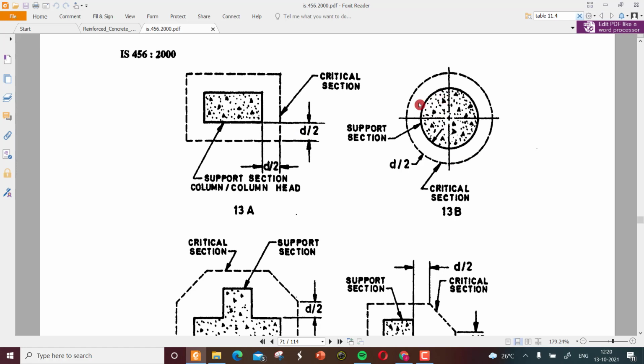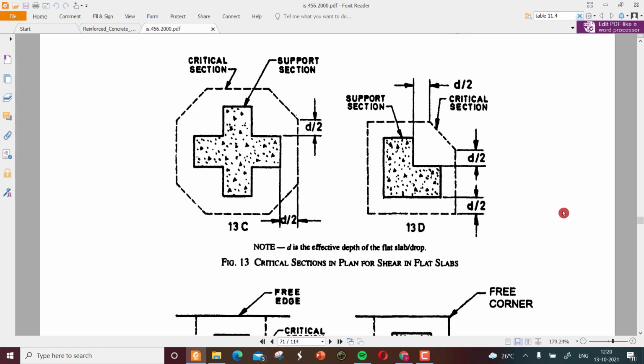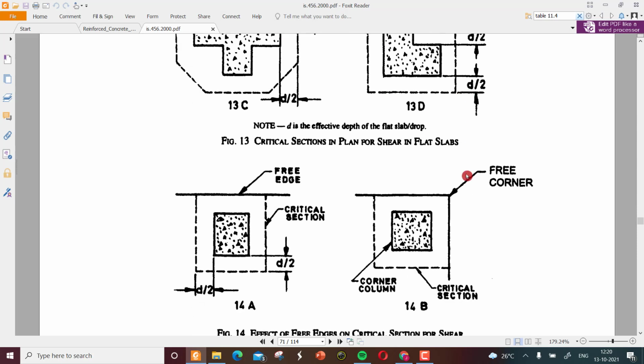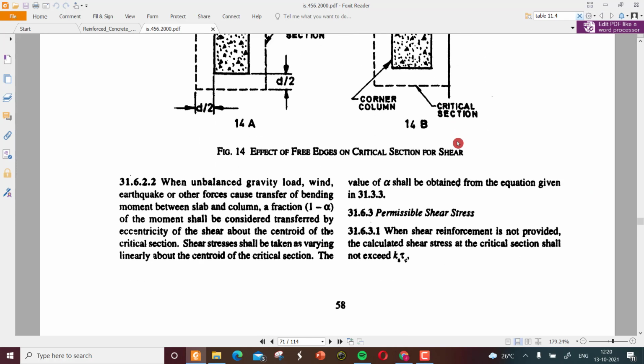For circle also, it will be d by 2 distance from the outer periphery. So for different types of columns, it is discussed here. For cross columns, d by 2 from the farther end, and for L-shaped and other sections. So this shows the critical sections of the shear where we have to analyze.